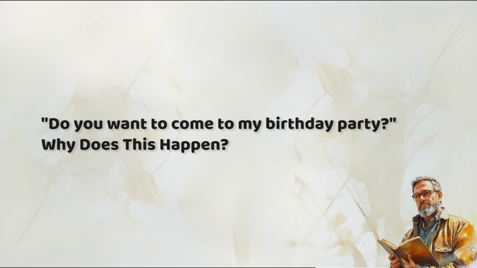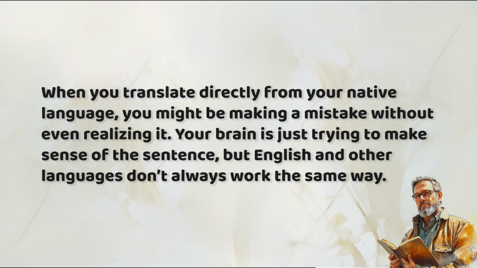Why does this happen? When you translate directly from your native language, you might be making a mistake without even realizing it. Your brain is just trying to make sense of the sentence, but English and other languages don't always work the same way.